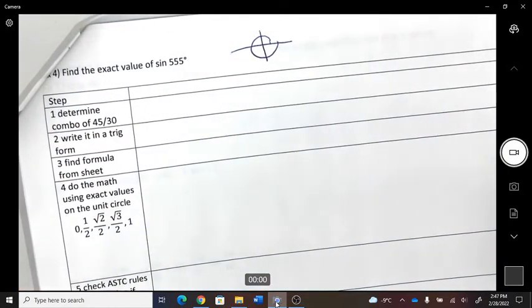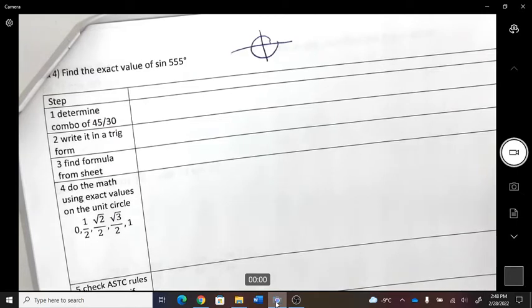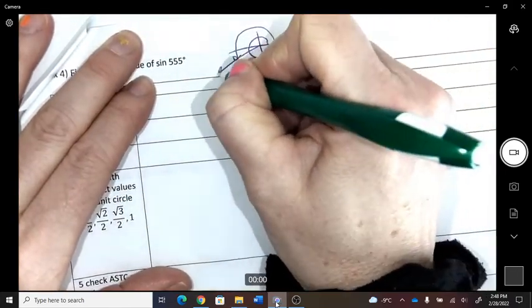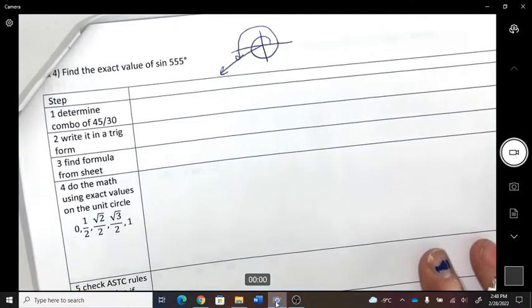Can you mathematically subtract 360 from that? Somebody say 195? So I'm landing there.